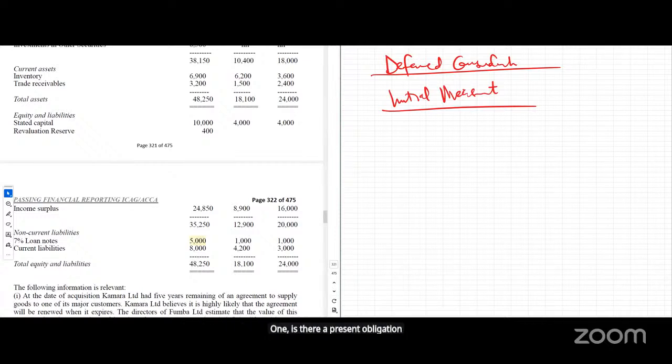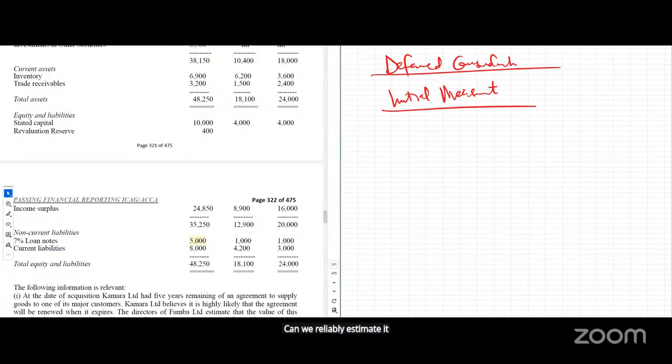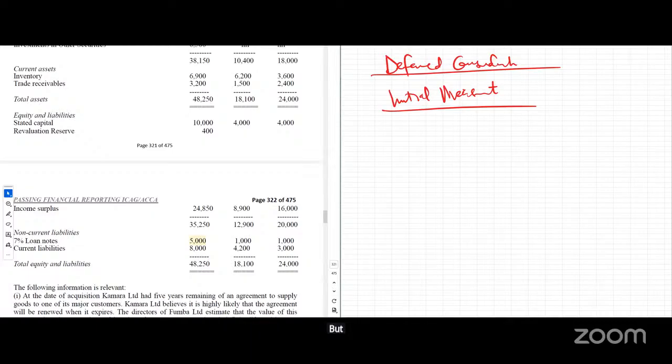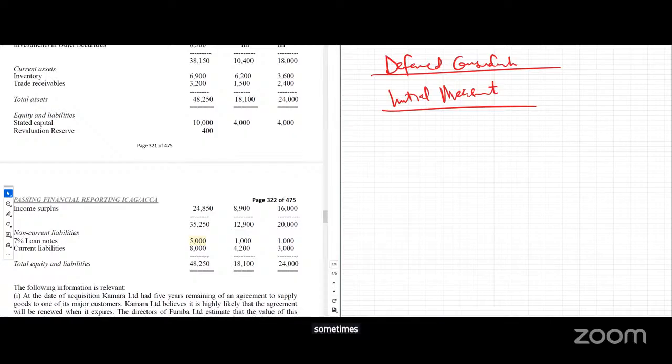Will it result in an outflow of economic benefits? Can we reliably estimate it? If it meets these, definitely. If it's in a question, that means it meets the criteria under IAS 37. But usually because it's straightforward, we don't even talk about it. But you still have to check those rules. Sometimes some deferred considerations do not hold, and that's a rare case for ICA exams anyway.